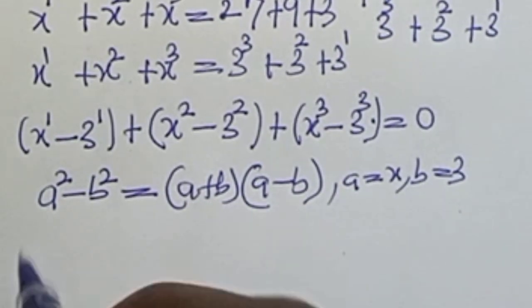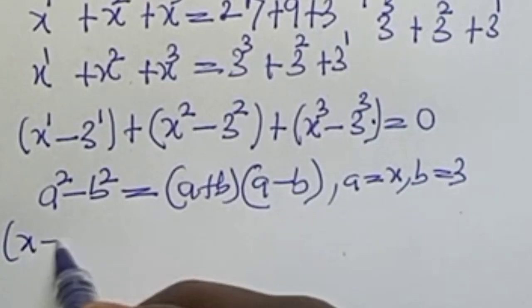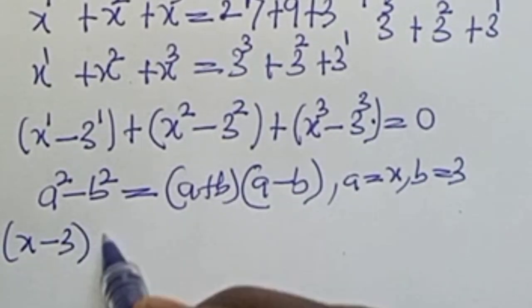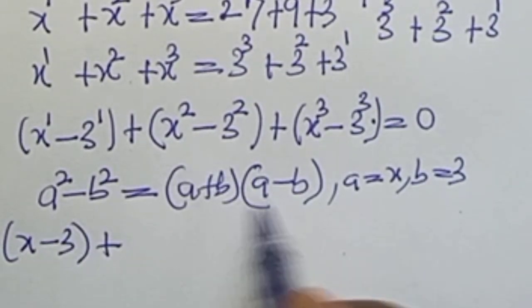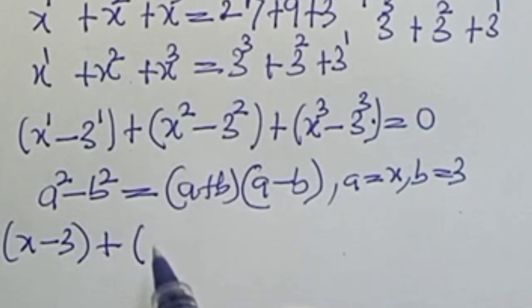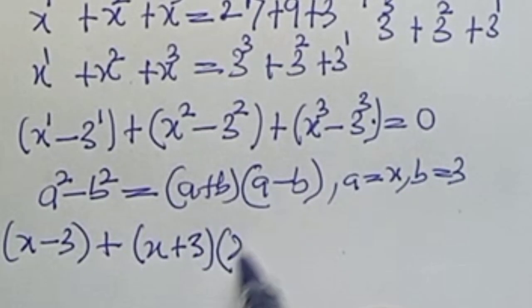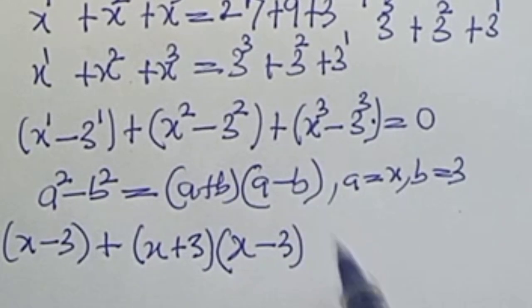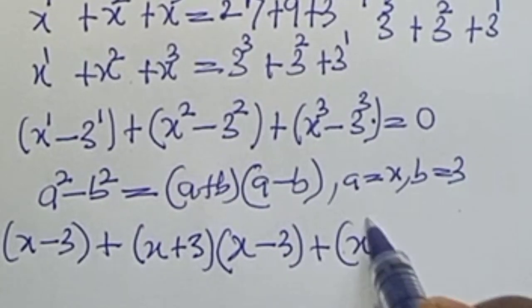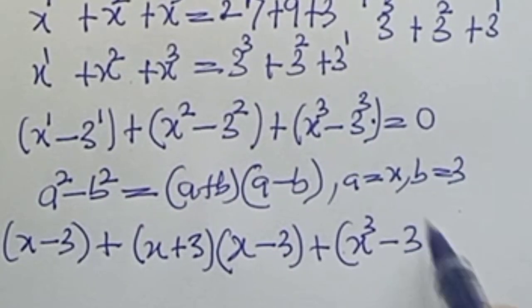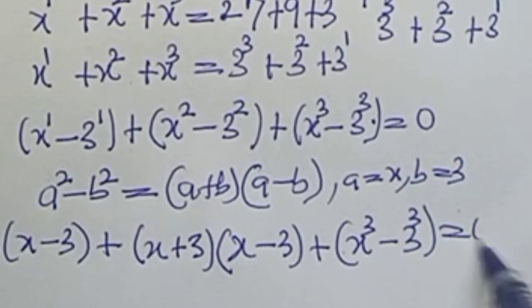So here our equation will become (x - 3) plus, for this part we are going to represent with this, (x + 3)(x - 3), plus x^3 minus 3^3, all equal to 0.